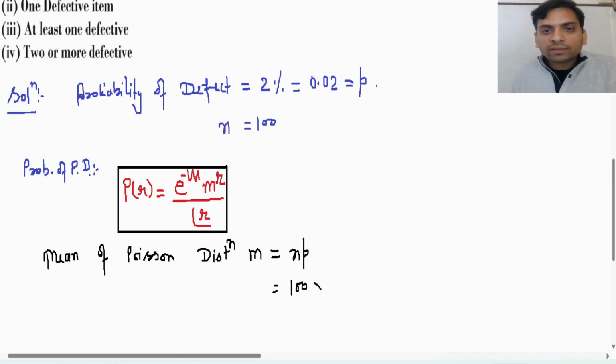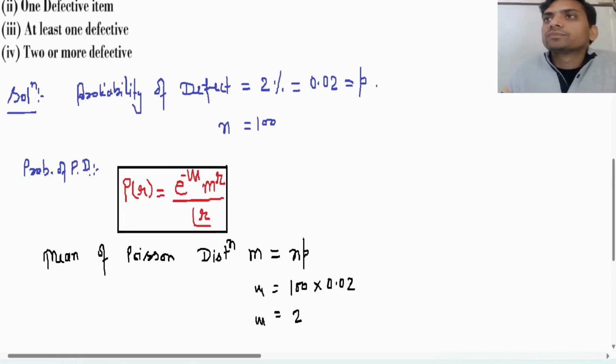And P is what? 0.02. Listen, we are writing the general term for the probability formula because we need this term for all the parts. Clear? So this equals how much? 2. So the mean for this distribution is 2. Clear?